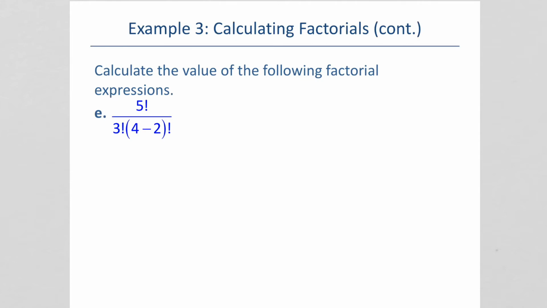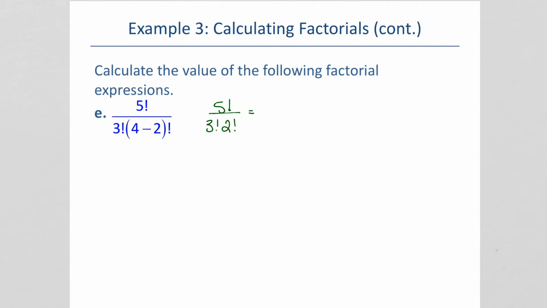And the last one, 5 factorial over 3 factorial times (4 minus 2) factorial. So we're going to go ahead and reduce in the parentheses there, so we know what we can cancel out. 4 minus 2 is 2, so that'll be 3 factorial times 2 factorial. I'm going to make sure that we could either cancel out the 3 factorials or the 2s.